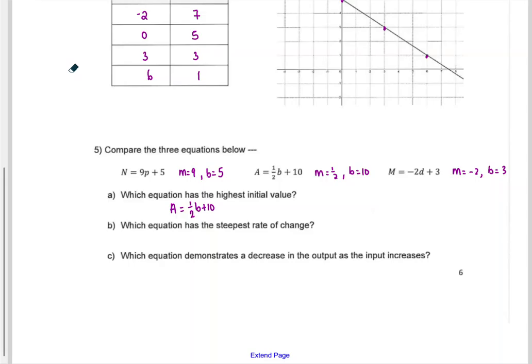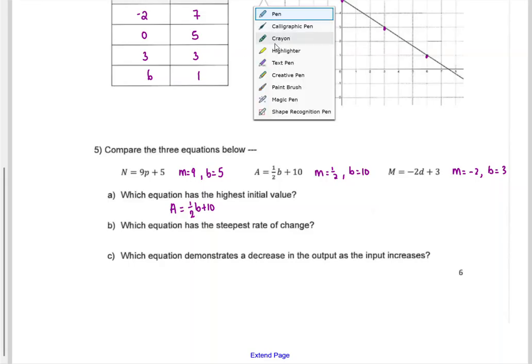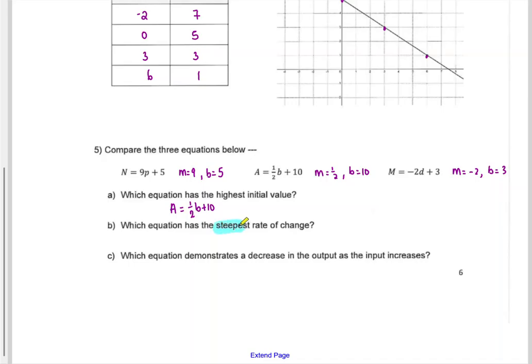So this word, steepness, okay, the word steepness just means the shape of the line, okay? For example, let's look at it on a coordinate plane. So you have your x-axis right here and you have your y-axis, okay? And let's look at 2 graphs right here.